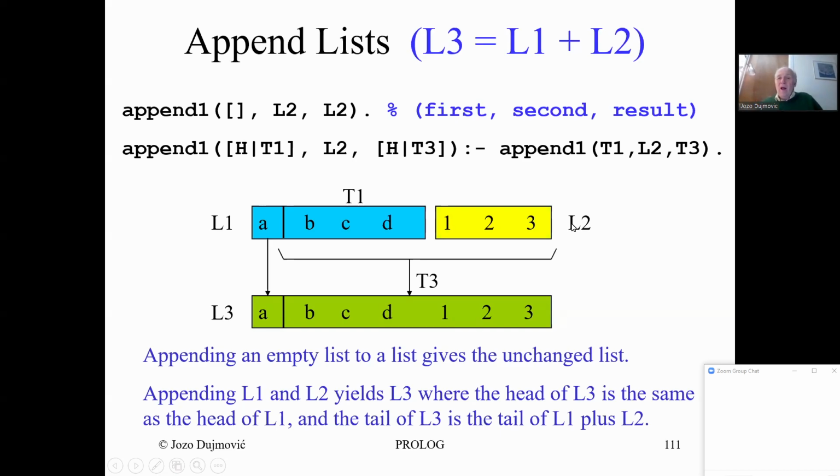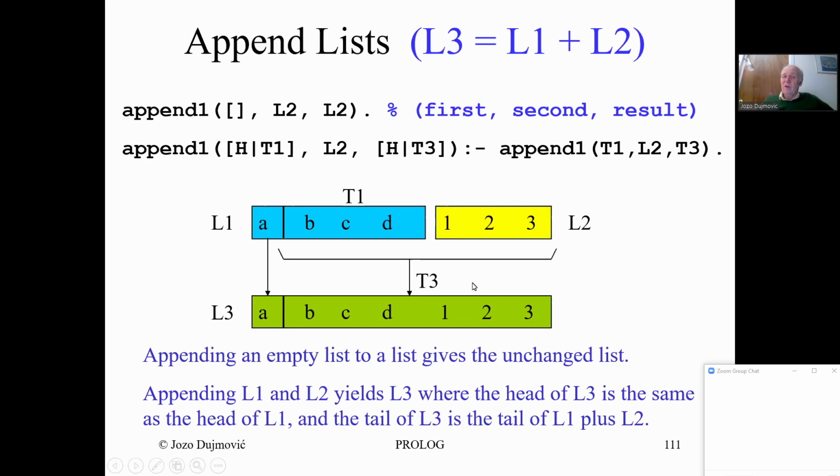So going back to this explanation: to append list 1 and list 2, we are going to copy the head from list 1 to list 3, and we'll create the tail of list 3 by appending tail of list 1 and list 2.